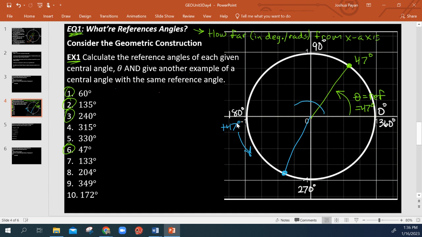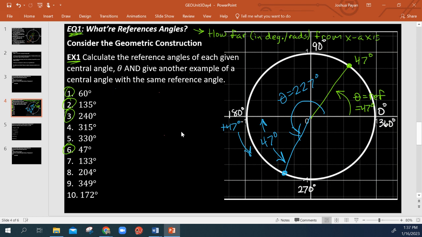So this central angle here, theta, would be equal to 227 degrees, because my reference angle from here to here was 47.